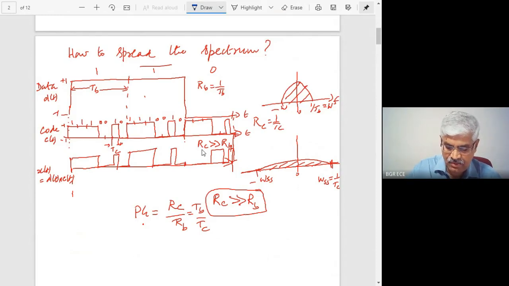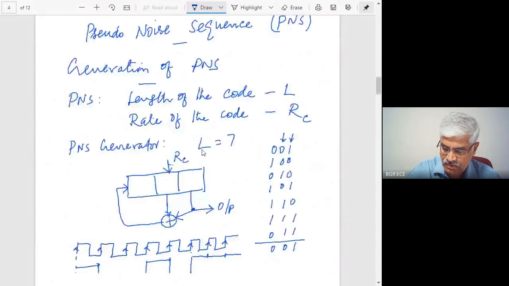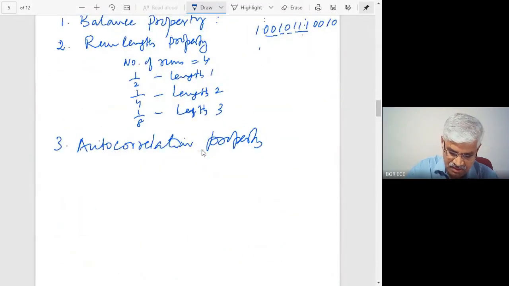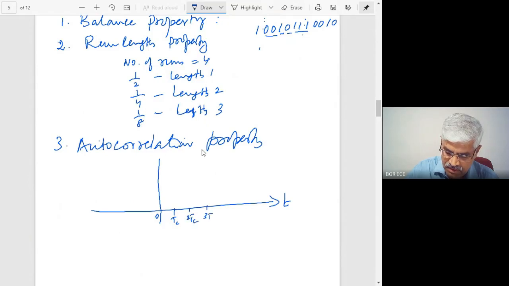So if I take the autocorrelation of this sequence separately, what it will show is, with respect to time, let us say you are starting with zero time here, and this is the chip duration, 1 TC, 2 TC, 3 TC, 4, 5, 6, 7.